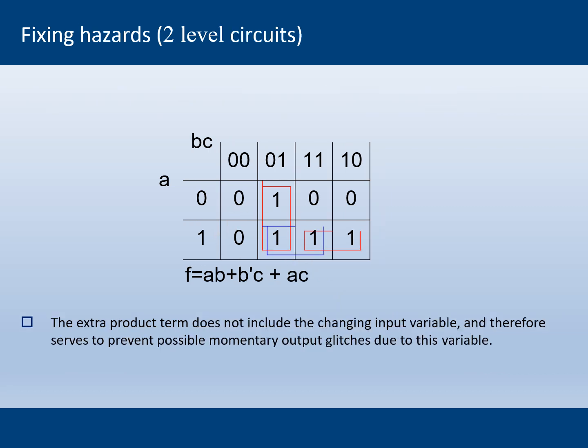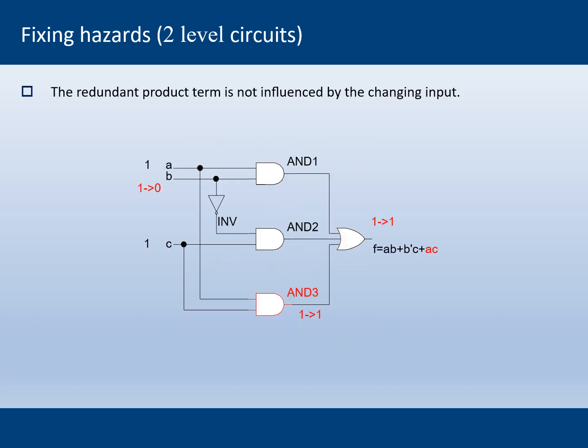So we introduce an extra product term that does not include the changing input variable and therefore serves to prevent possible momentary output glitches due to this variable. What is the product term? AC, right? This redundant product term is not influenced by the changing input.